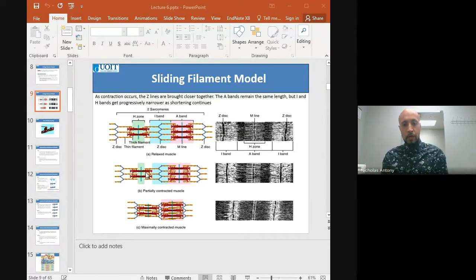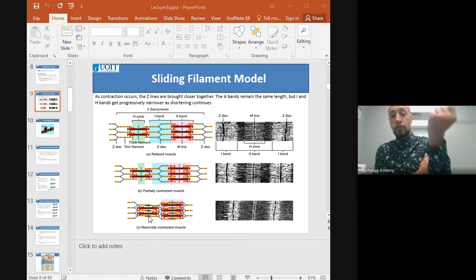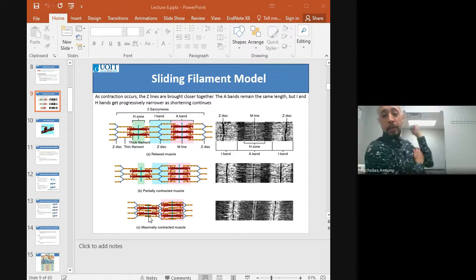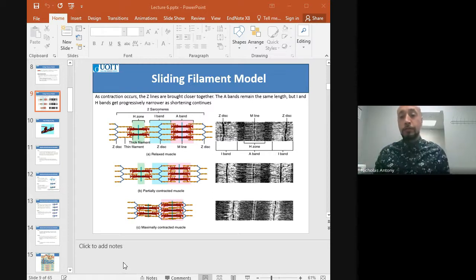Can we see the myosin, the red? See how when it grabs, it's pulling the actin closer to the middle. So if it pulls enough, this actin will overlap this actin. That's what it's talking about. So at full contraction, we have overlapping of the actin on top of each other.